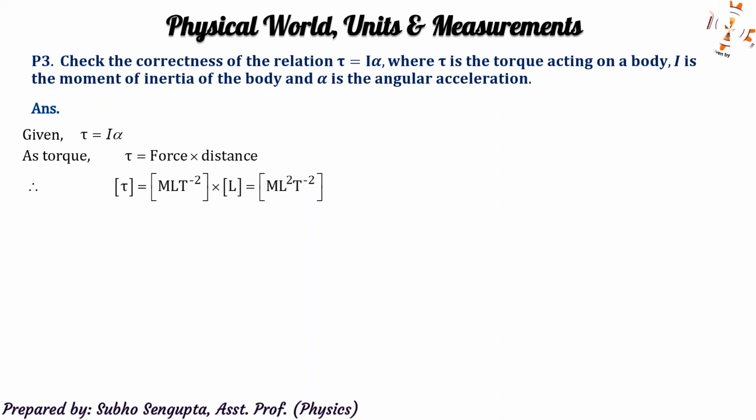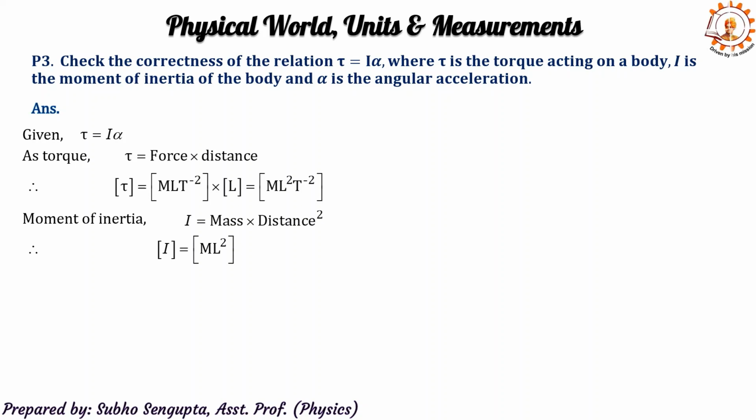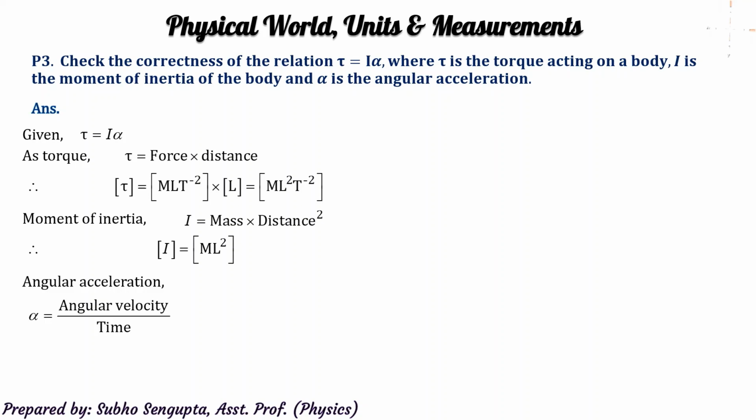Next is the quantity moment of inertia, denoted by I. Mathematically, moment of inertia is expressed by the product of mass of the body and square of the distance. So, the dimensional formula of moment of inertia is [M L^2]. Finally, we have angular acceleration denoted by alpha. Angular acceleration of a body is the time rate of change of angular velocity.